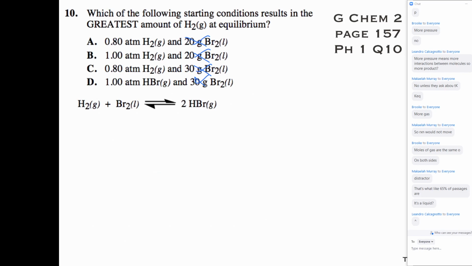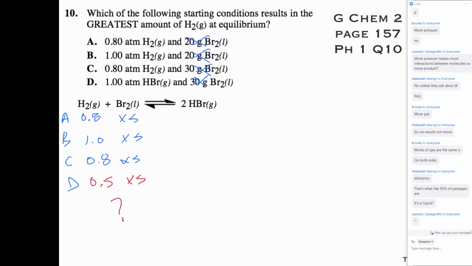So in choice A, I have 0.8 in excess. In choice B, I have 1.0 in excess. In choice C, I have 0.8 in excess. And choice D, tell me where the heck I'm coming up with the fact that I have 0.5 in excess.